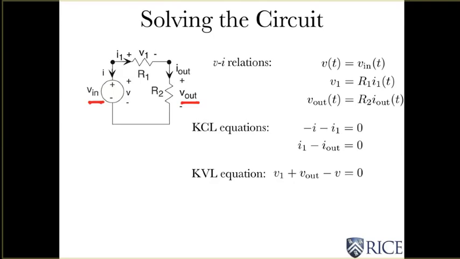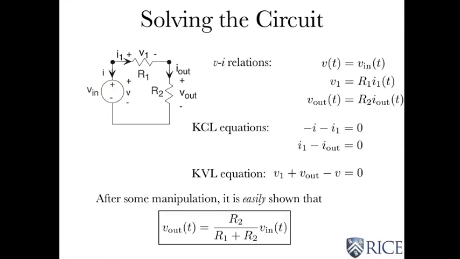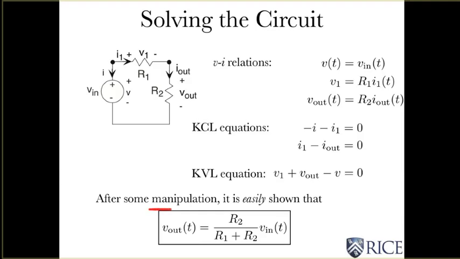So we want to eliminate everything. We will eliminate all the currents. We want to eliminate V1, and we want just a relationship between Vout and Vin. And with a little bit of going through this and thinking about it, it's actually pretty easy to do, and I won't go through all of that agony.